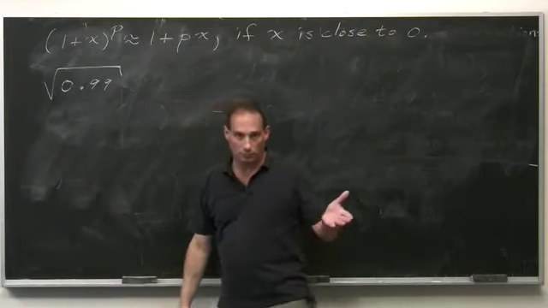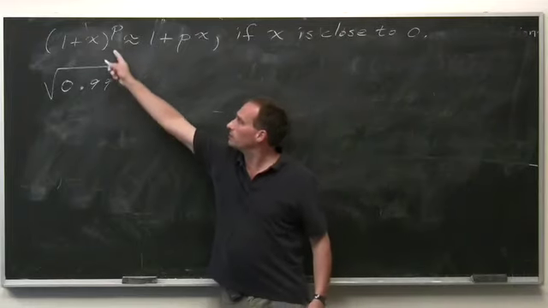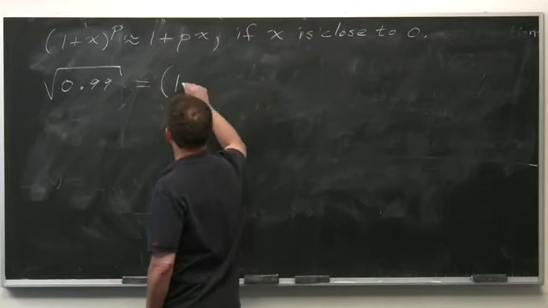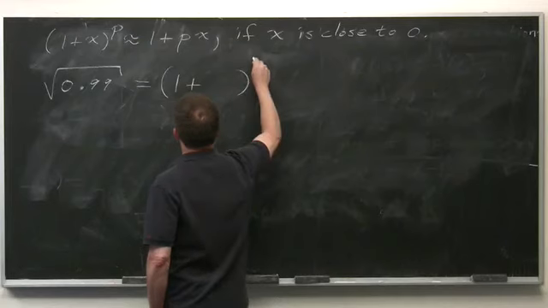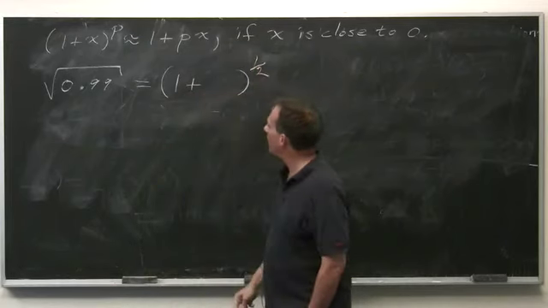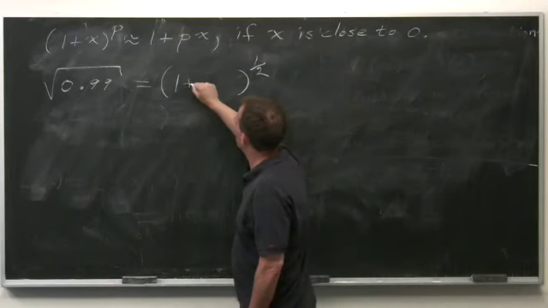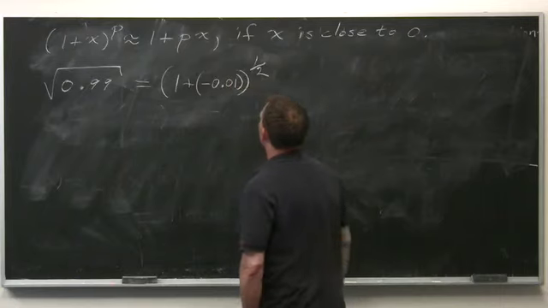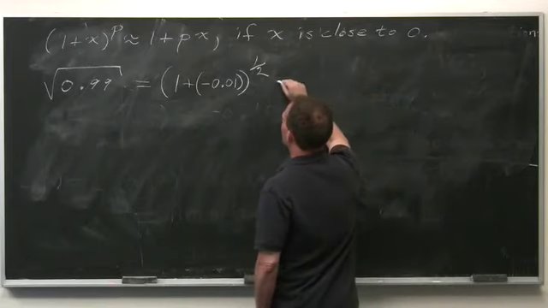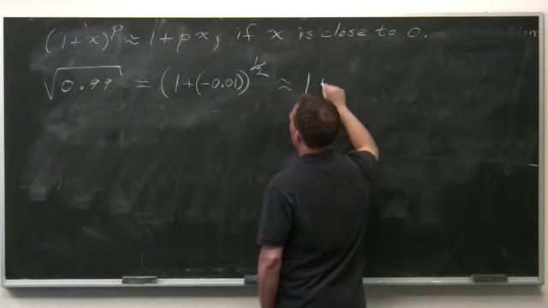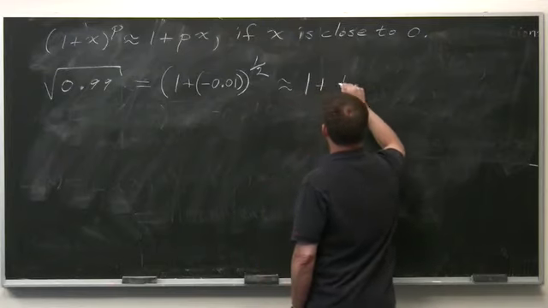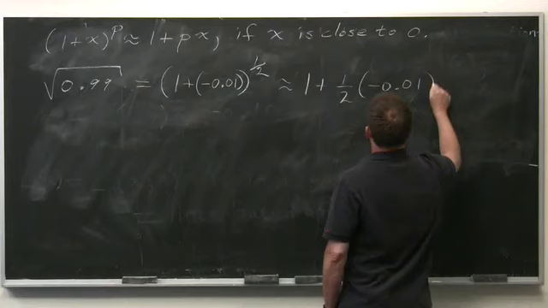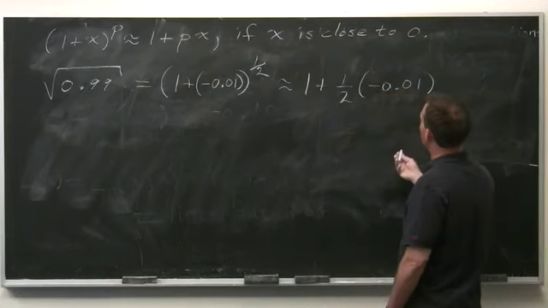Well, somehow you have to make this look like that. The square root is the 1/2 power. So we need to write this as 1 plus something to the 1/2 power. We want 0.99, so the something needs to be negative 0.01, right? And so we get that this is approximately equal to 1 plus p, which is 1/2, times negative 0.01.